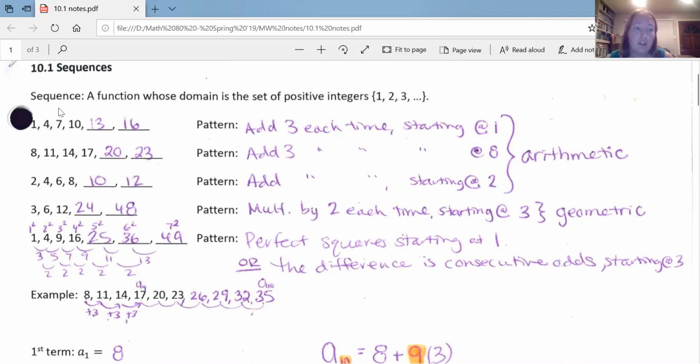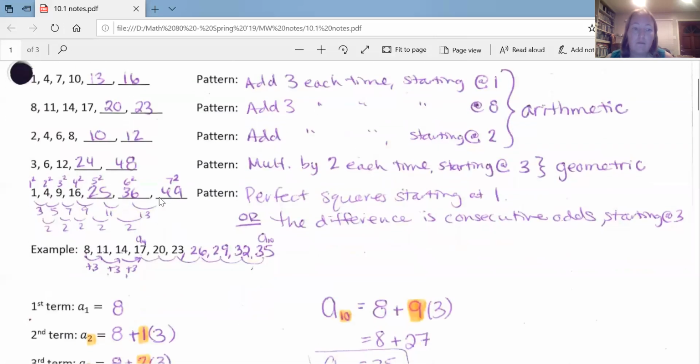And so there can be geometric sequences and arithmetic sequences, meaning in this case, you're adding 3 each time, but in other cases, you might multiply by something each time, like 2 in this case. There could be other sequences too that follow different patterns.